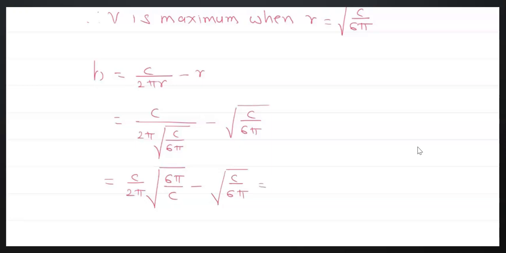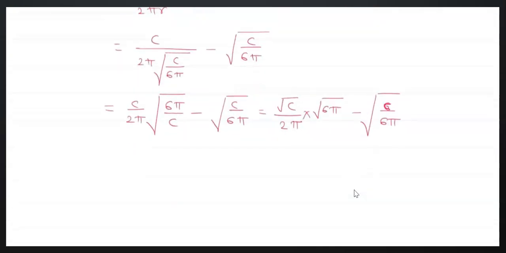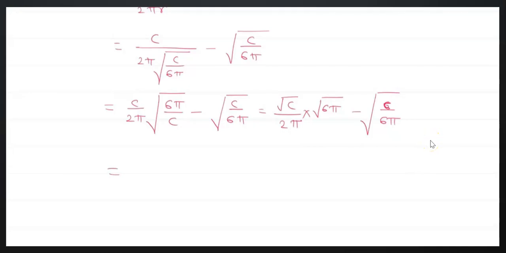That is c upon 2 pi into root of 6 pi upon c, minus root of c upon 6 pi, that is equal to root of c upon 2 pi into root of 6 pi, minus root of c upon 6 pi.